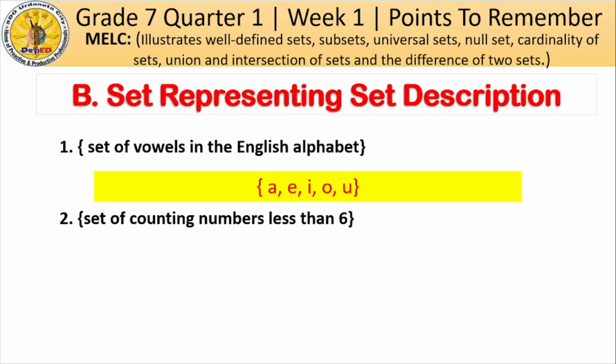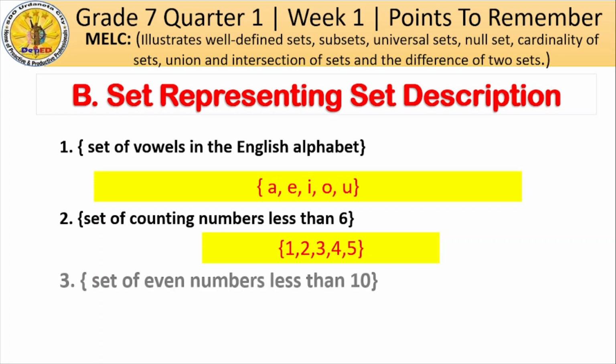This set could be represented by 1, 2, 3, 4, and 5. Example number 3, the set of even numbers less than 10. This set could be represented by 2, 4, 6, and 8.